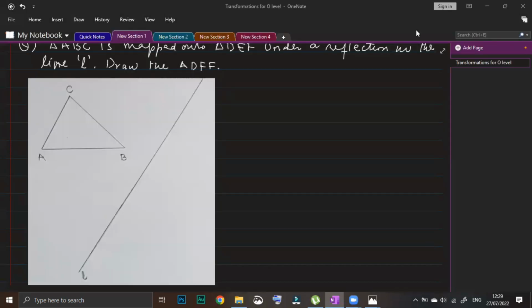This one is the figure given. The triangle ABC is mapped onto triangle DEF under the reflection in the line L. This one is the line given. We want to find out the reflection of this triangle ABC in this line. Now I will demonstrate the process.